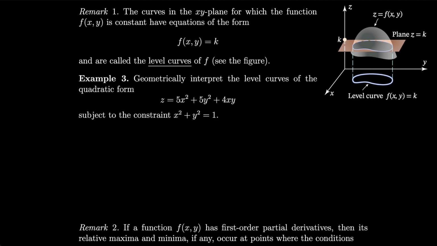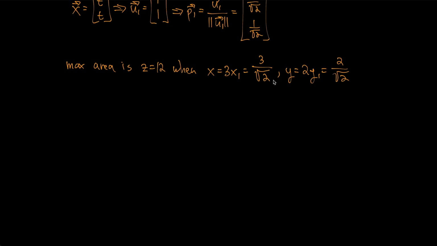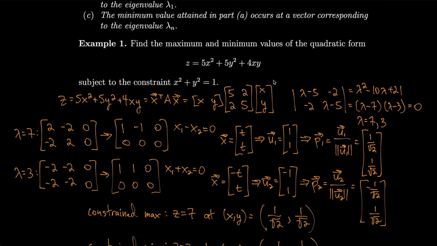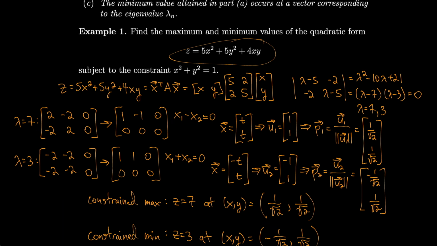We have when this thing is constant, so it looks like it should be constant at 7, as we saw previously, right? Because if we go back up, that's this guy right over here. We saw that it's constant at 7 and 3, right?